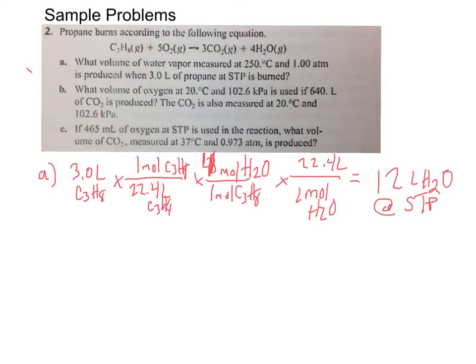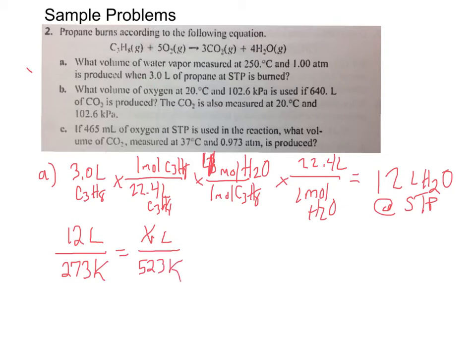This would be your Charles's law application, and we know that volume 1 is 12 liters. So I'm going to go right into Charles' law: 12 liters is volume 1, divided by 273 Kelvin, because this is your STP temperature, so that's T1, equals X liters, or V2, divided by 523 Kelvin, because remember, you have to convert Celsius to Kelvin.